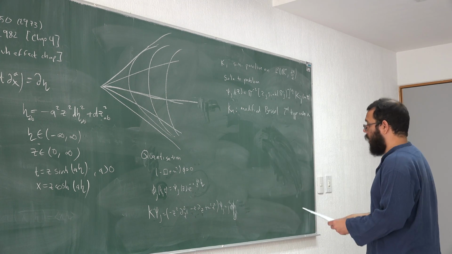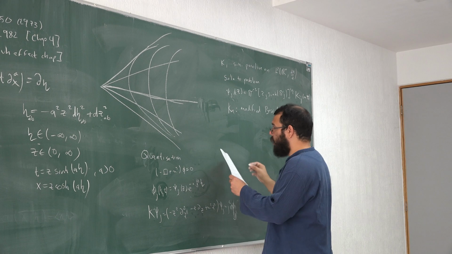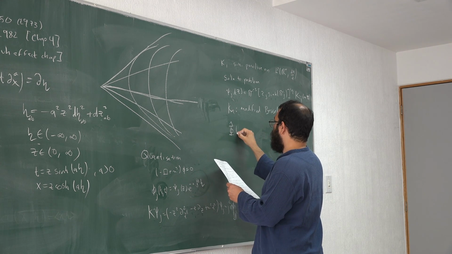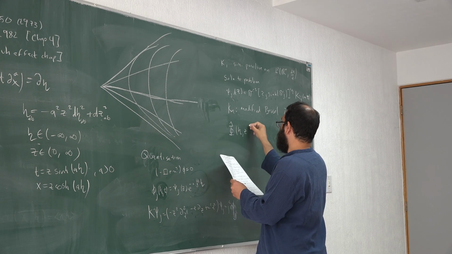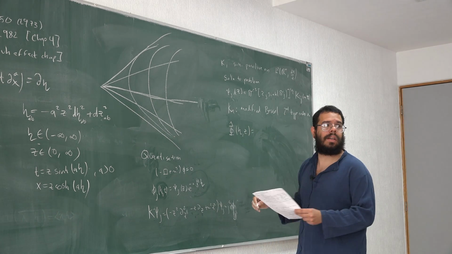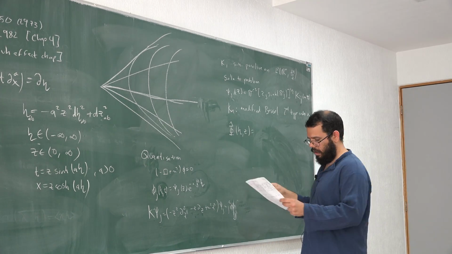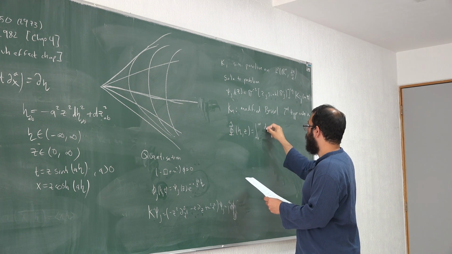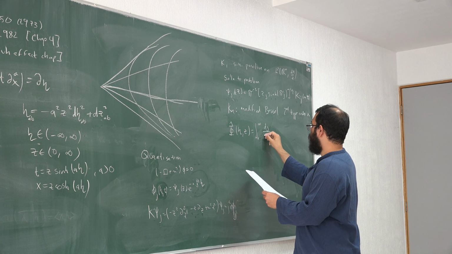Okay. Then we can quantize in the way that we know. We know how to do everything, right? We know that we have a symplectic structure, we can construct an inner product, we can do everything that we have done before, and we can quantize this in the following way.